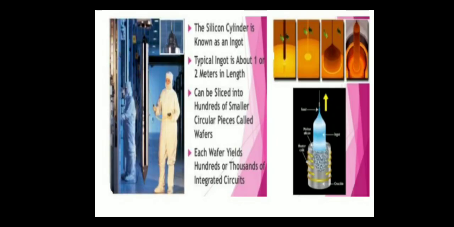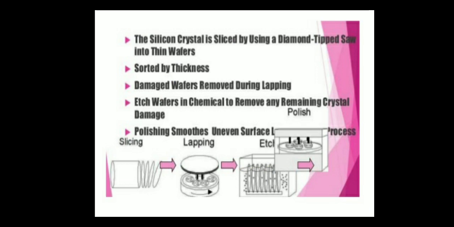Okay, so this is the ingot process. The first step I told you about: here we use a silicon cylinder called an ingot. A typical ingot is 1 to 2 meters in length and can be sliced into hundreds of smaller circular pieces called wafers. These wafers are then cut into thin wafers and then the waste materials are etched down.